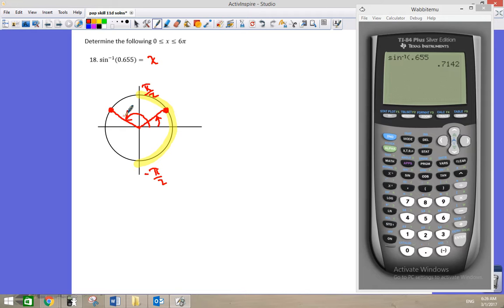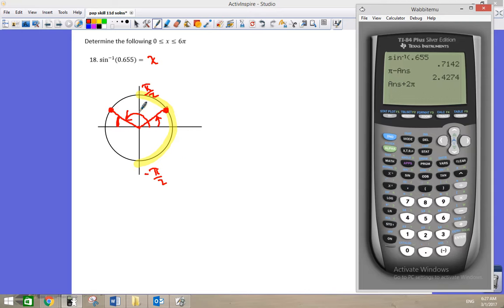So if I take pi minus that, see, here's the reference angle right here in quadrant 2. If I take pi minus this reference angle, then I'm going to get my first of the 3 answers that this point provides, because now I can just find coterminal angles by adding 2 pi.